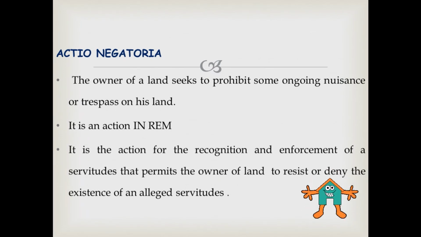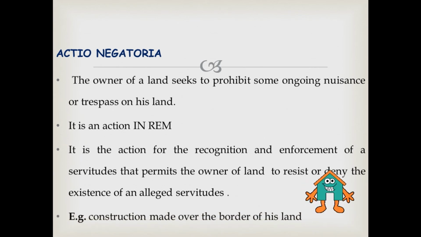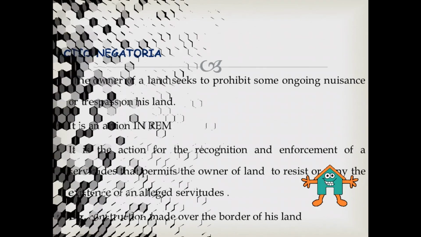It is the action for the recognition and enforcement of a servitude that permits the owner of a land to resist or deny the existence of any alleged servitudes on that land. For instance, construction made over the border of his land. That was all I had for you.